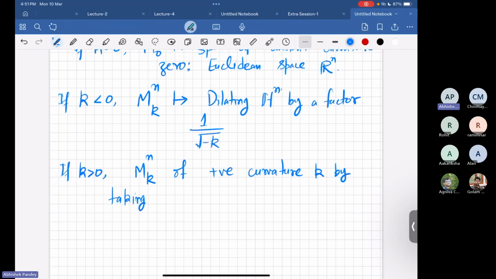For positive curvature, we take the sphere of radius 1 over root k, and with the spherical distance function, this will be the constant curvature k positive space.